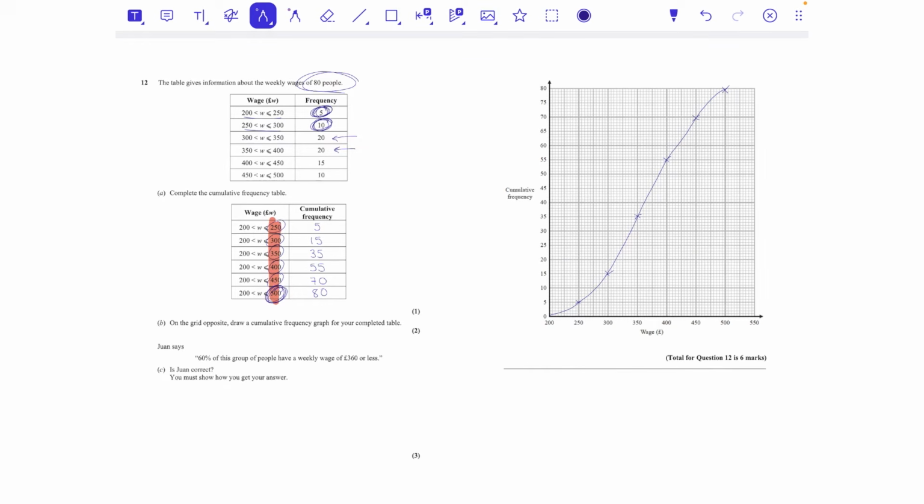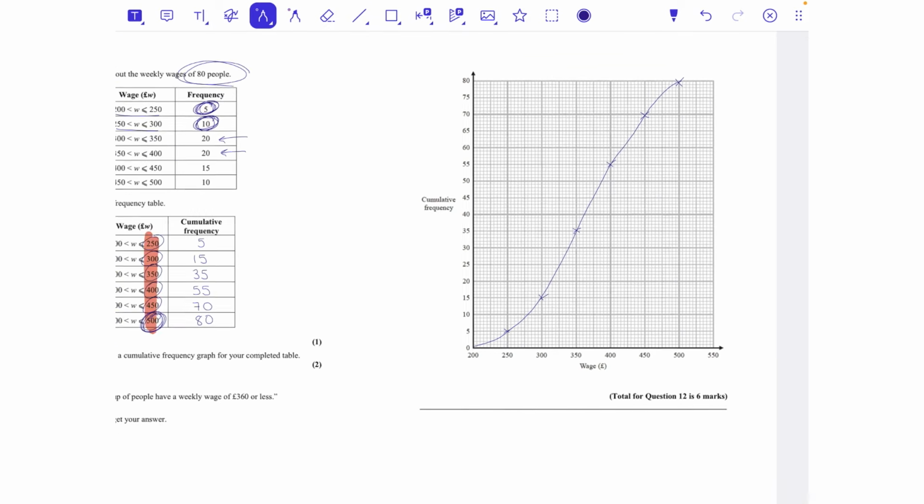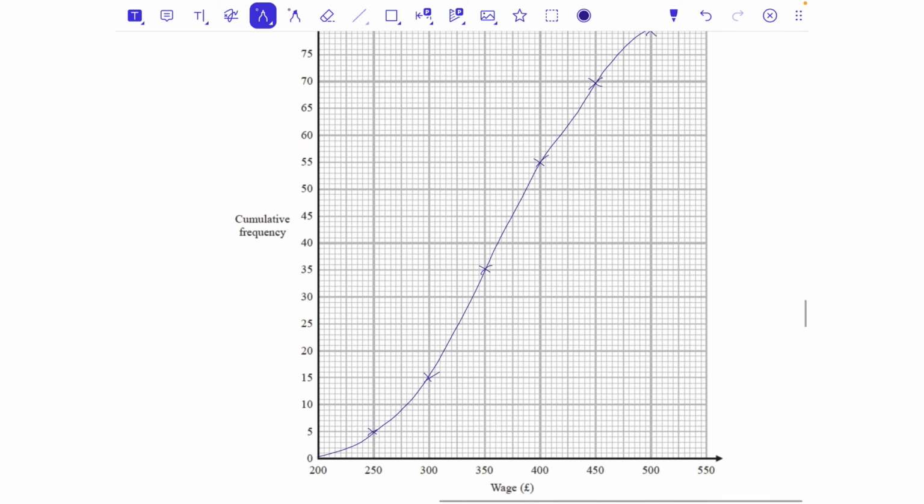So Juan says 60% of this group of people have a weekly wage of £360 or less. Is Juan correct? So 60% of the people, 360 or less. So let's go to £360 and let's use our straight line tool. 360 is there, 2 squares after 350. Read up, it's close. I'm going to go for 39 and go across.